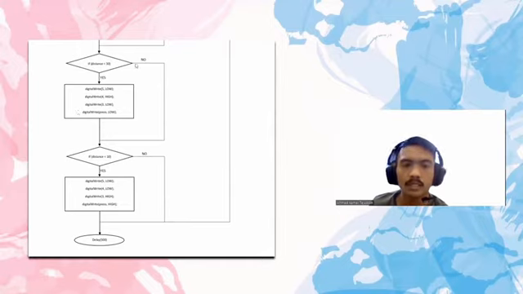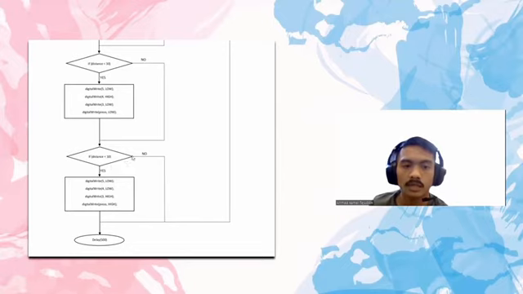And if the result is no, then it will proceed to the third decision function, where if the distance is not more than 10 and the result is yes, it will trigger the red LED and the buzzer will be triggered to on.